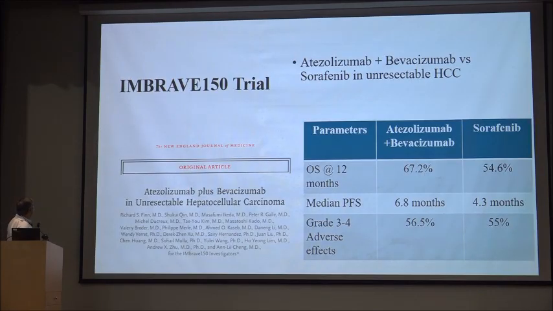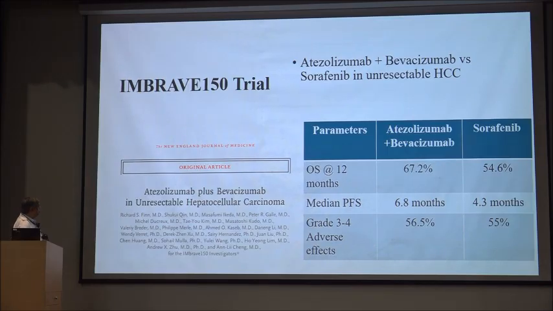IMbrave150 trial is now in practice. In this, atezolizumab with bevacizumab versus sorafenib in unresectable hepatocellular carcinoma. In this, overall survival at 12 months was 67.2%, when compared with sorafenib, it was 54.6%.